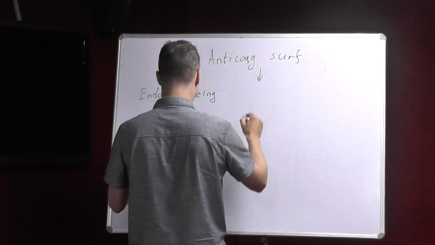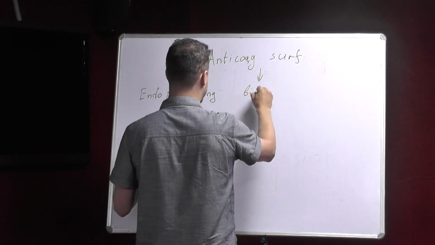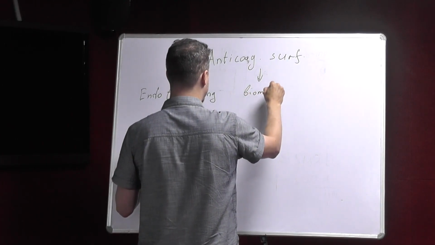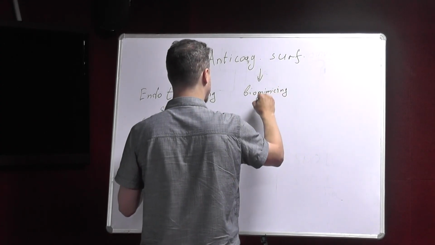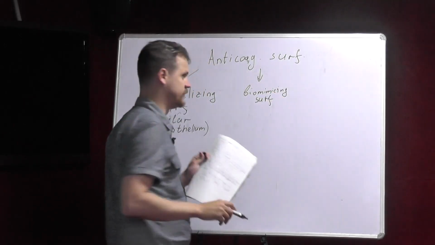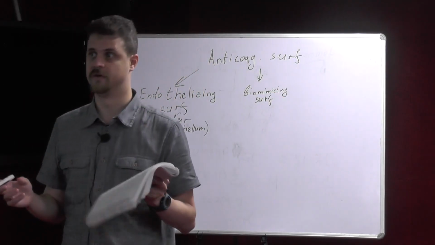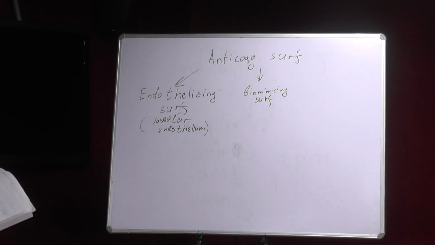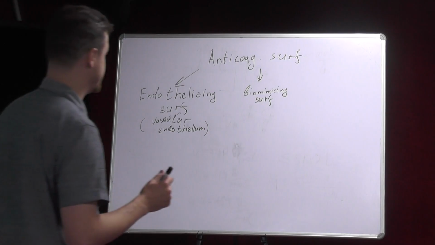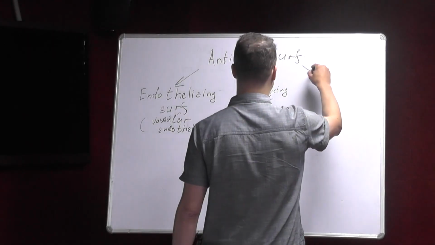It could be the biomimicking surface. A type of artificial film or artificial surface that basically imitates the biological surface of our internal system, and that could prevent the further growth or formation of clots.